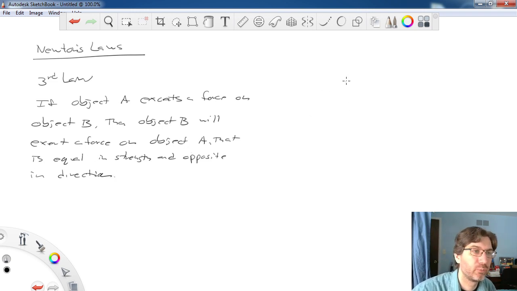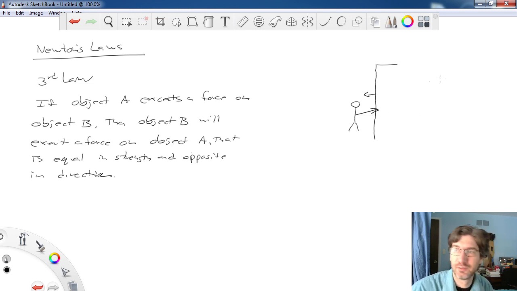And you experience this every time you touch something. Like if you want to push against a wall, I have my wall here. I am going to stand here, and I am going to push on this wall with all my might. This wall is also going to push back on me. You can probably see it if you ever did a push-up on the floor. You push down on the floor, and the floor pushes back on you.